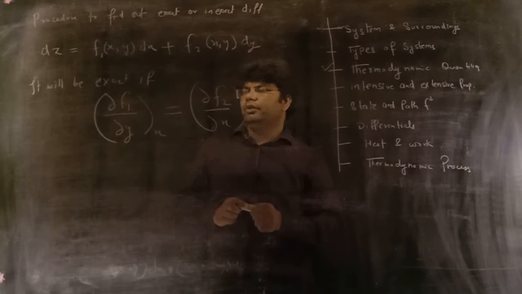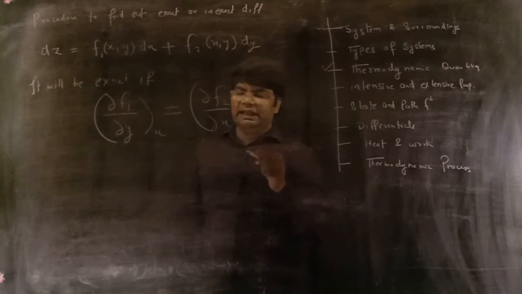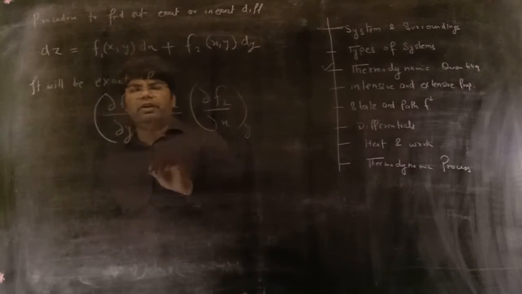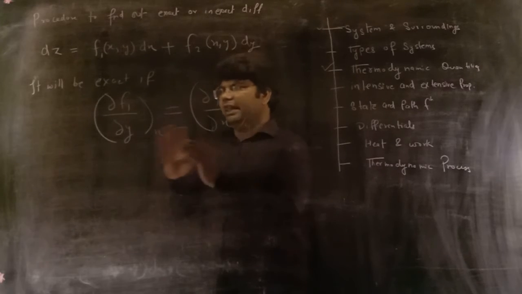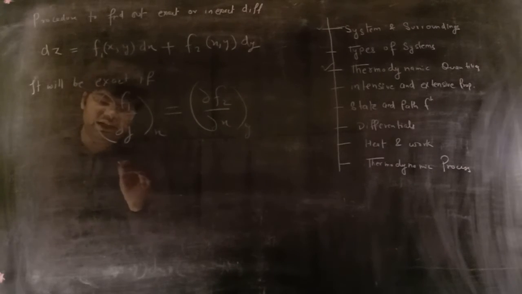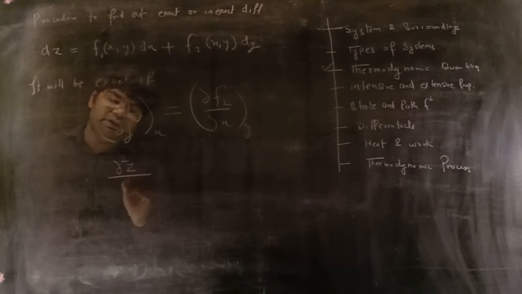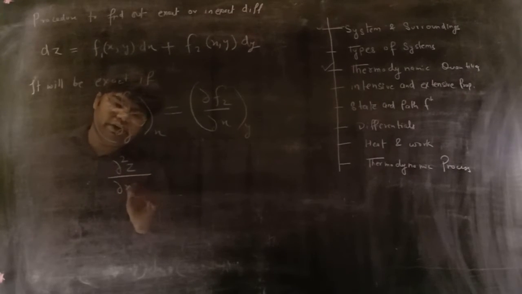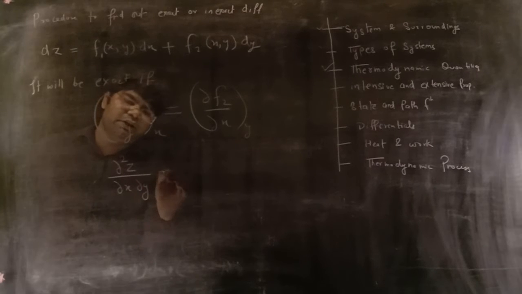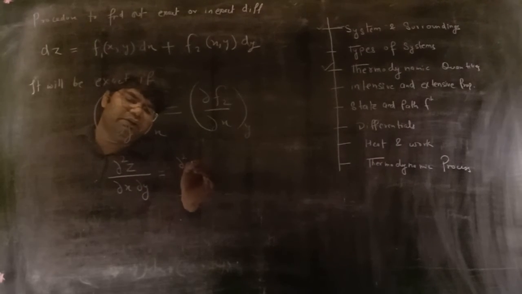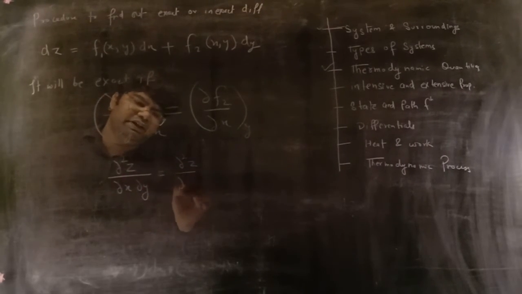If it is unequal, then it will not be exact. It can also be written like this: del square z by del x del y is equal to del square z by del y del x.